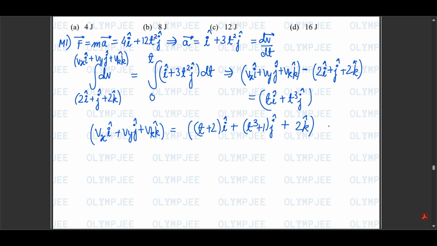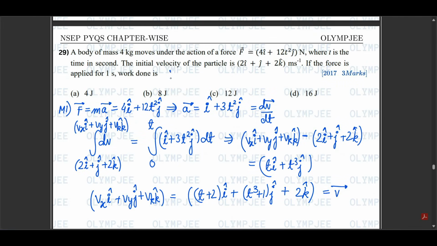Now if this is the total velocity, we can write it as v vector. Now we can find out the displacement ds, because we know that work done is given as the integration of f dot ds, right? So we need to find the ds.